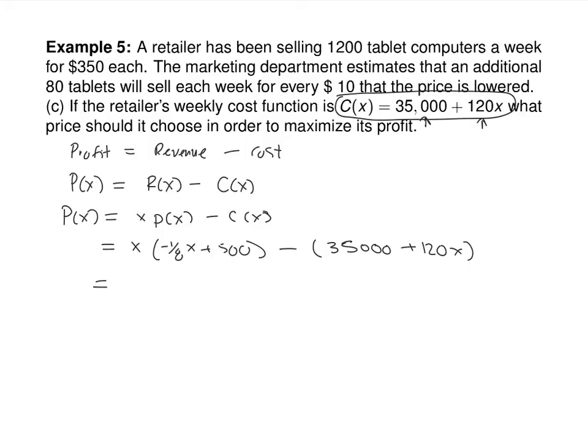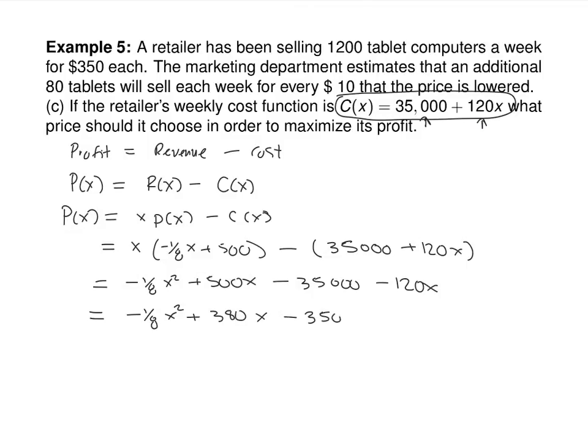Simplifying a little bit, negative 1/8 X squared plus 500X minus 3,500 minus 120X, or negative 1/8 X squared plus 380X minus 3,500. Okay, is that all right?